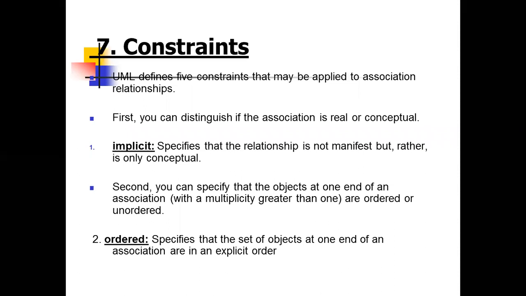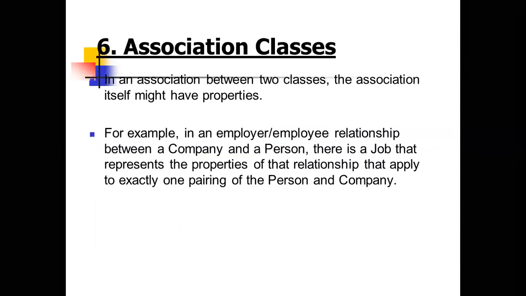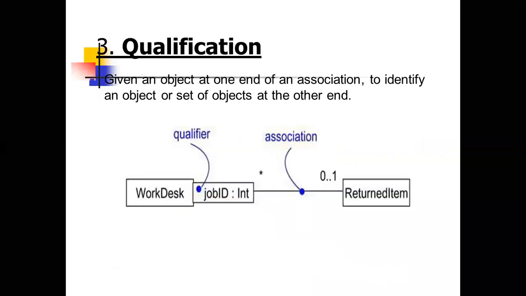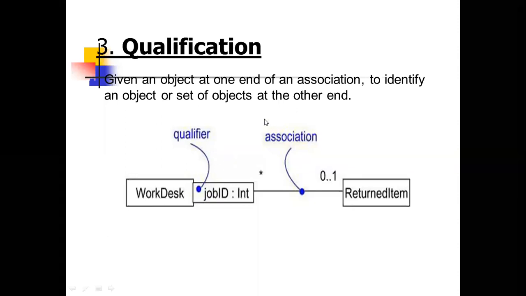The qualifier, navigation, association class, order association we have seen. There may be some questions like what is qualified association? We have seen the qualified association here, composition association, interface association, qualification. What is qualified association? There may be questions for 1 mark, where we have seen what is qualifier here.